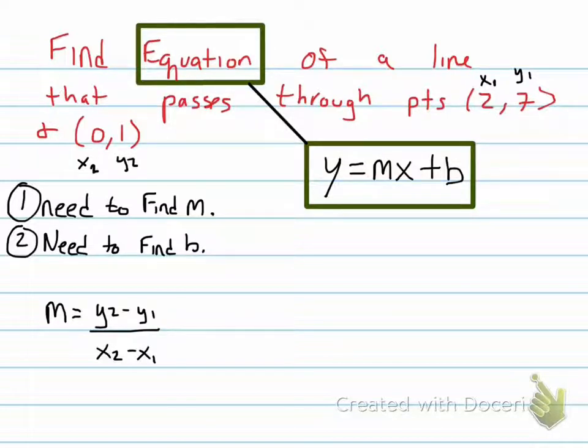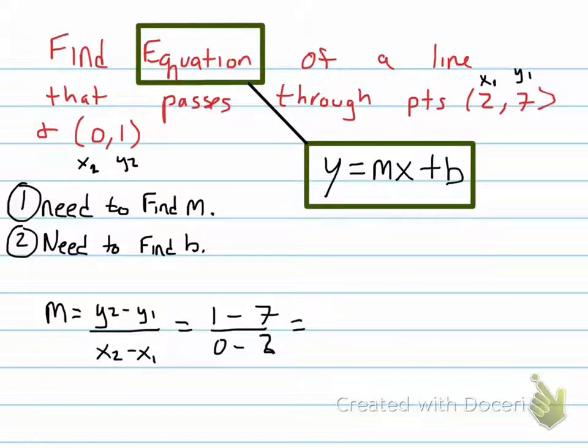Alright, so we plug that in. y2 is 1, so 1 minus 7 over 0 minus 2.